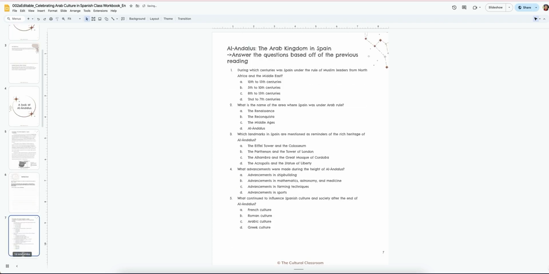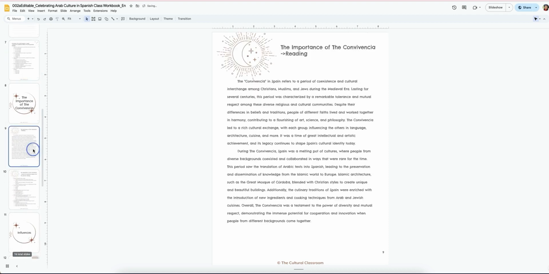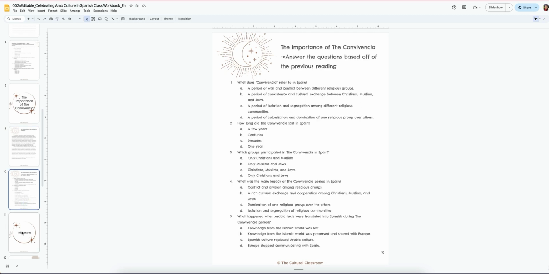There's room for reflection. There's questions, more reading comprehension. The reading comprehension is not extensive. The level is a nice level for students who are in that 8th to high school grade level of reading.